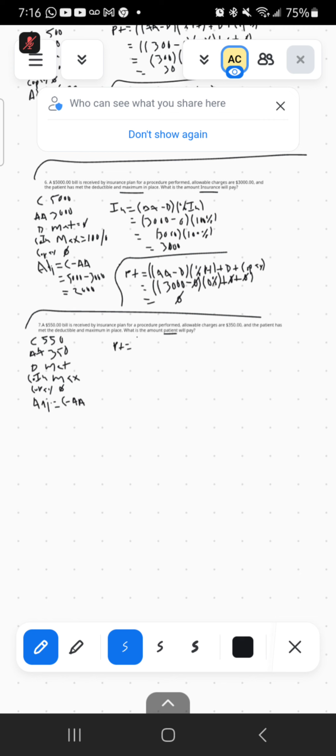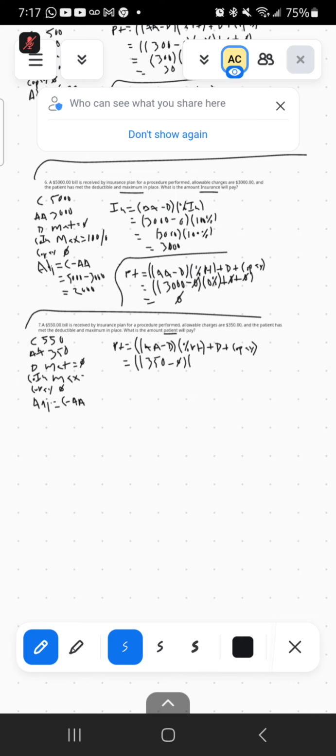It says patient, so we start with the patient. So the patient pays the allowed amount minus deductible times the percentage for patient plus deductible plus copay. The allowed amount is 350 minus the deductible is met, so 0, times the percentage for the patient.